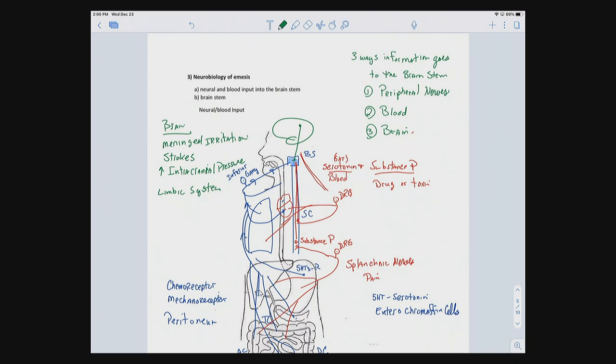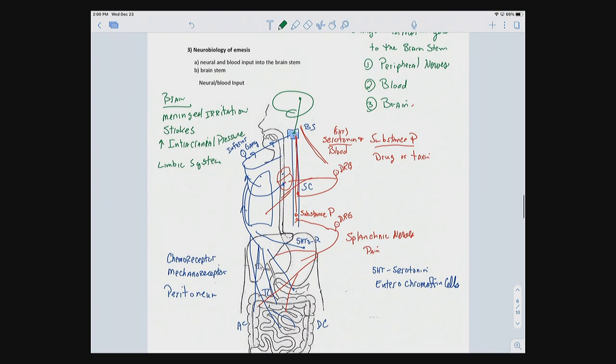Okay, so what I've done here is I've just done a whirlwind tour of the nervous system in terms of how the nervous system can communicate in response to something in the body, the peripheral nervous system, something in the body that is going to be causing emesis or nausea. We also then talked about things in the plasma, in the blood, that can cause emesis and nausea.